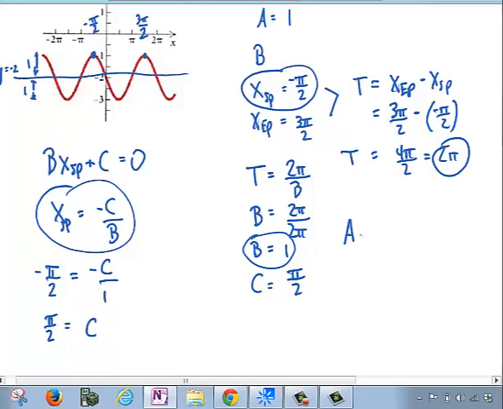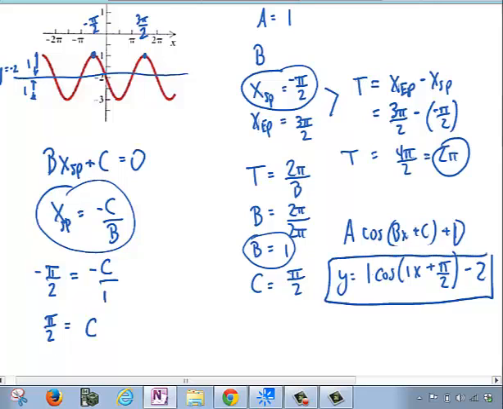So when you fill in the blanks for a cosine of bx plus c plus d, you get your function: 1 for the amplitude, cosine, the b value was 1 times x, plus the c value pi over 2, and the d value was -2. And that would be your trig function that would work for this waveform.